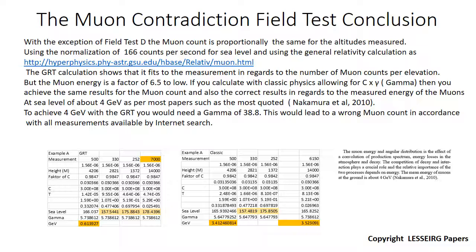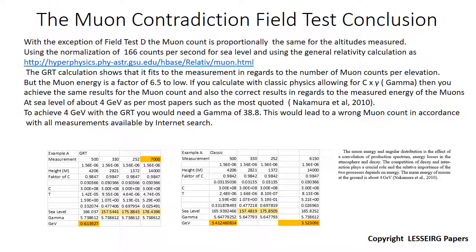As you can see, from there to sea level, I always roughly hit about 160 to 170 counts, which means that this C of about 0.9847 of the speed of light gives you that gamma rate of 5.7.